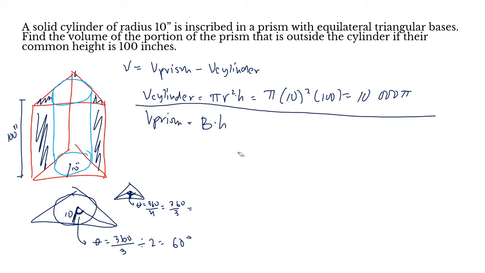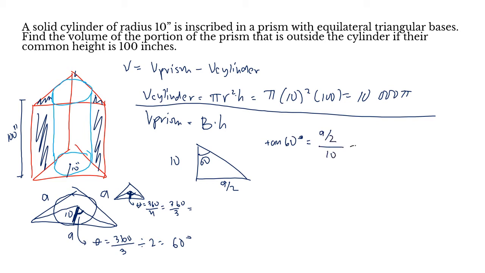Okay. So, ani atong triangle, no? This is 10. This is 60. How about this? Let's say kani A ang side, this is A over 2. Divided by 2 pa gihapon kay katunga man ni siya. So, that is tangent 60 degrees is equal to opposite niya is A over 2, adjacent niya is 10.